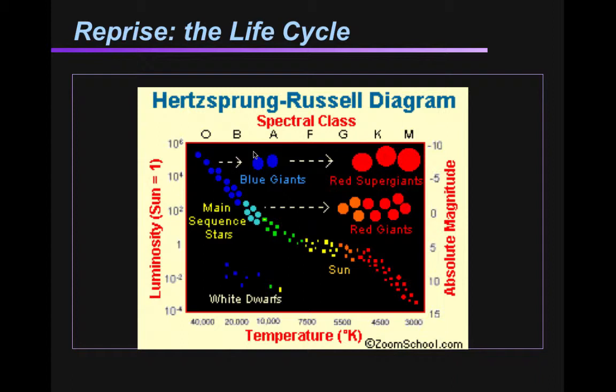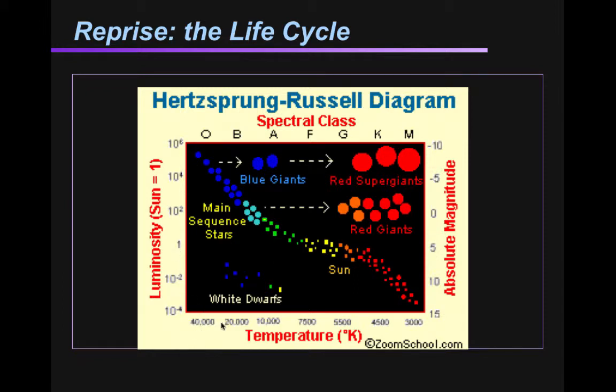And this is my favorite Hertzsprung-Russell diagram, so we're going to stop and talk about this one a little bit. You'll notice we have spectral classes, just how we categorize the stars. Luminosity, okay? Luminosity is how bright they are. Notice we rate everything by the sun, which is a 1 in luminosity. So up here, they're very bright. Up here, they're dimmer.